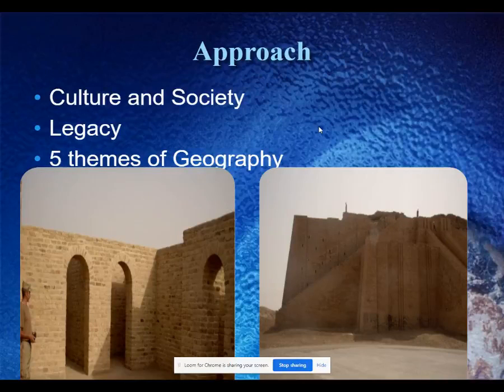I also use the 5 themes of geography: location, place, movement, human environment interaction, and region to study the civilizations and time periods. The picture on the left was taken by a friend of mine who was serving in Iraq, and this was Abraham's house in Ur. The picture on the right is the ziggurat at Ur.